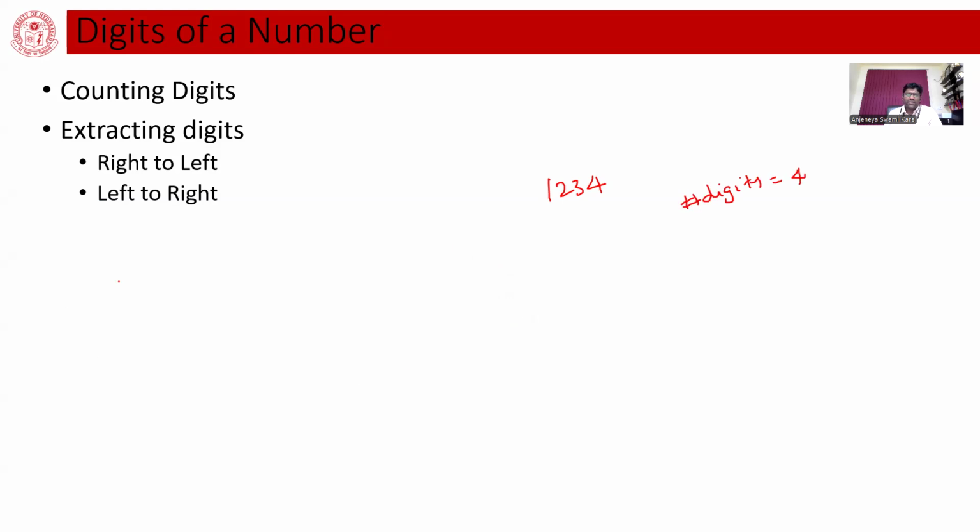If you want to extract the digits from right to left, you will have 4 3 2 1. If you want to extract the digits from left to right, 1 2 3 4. So these are the basic problems. In this lecture, we will see how we develop algorithms for these three tasks.